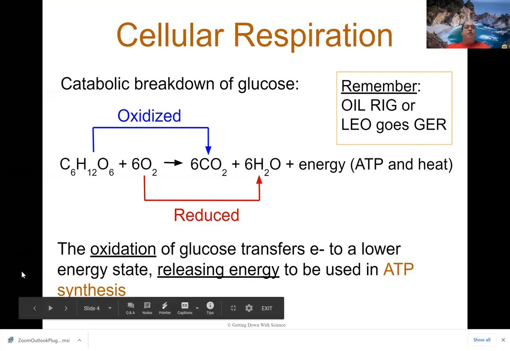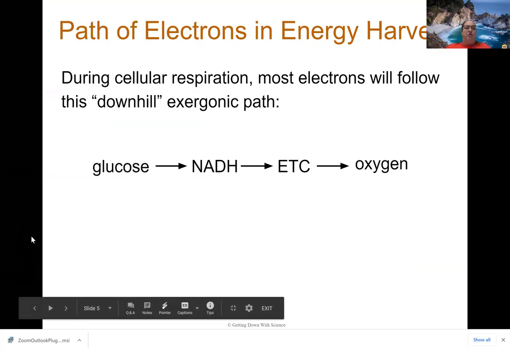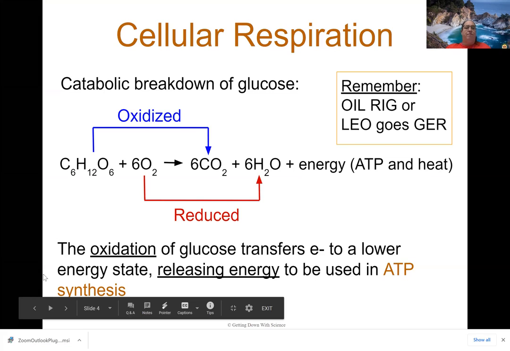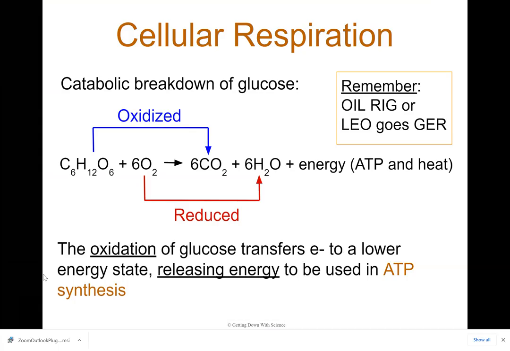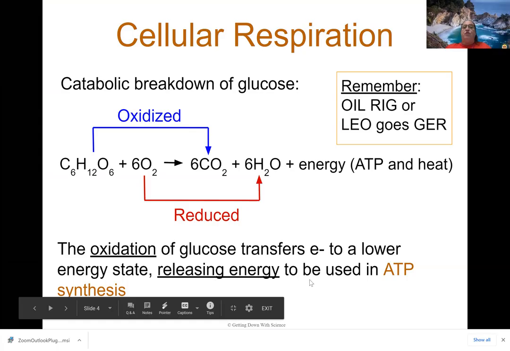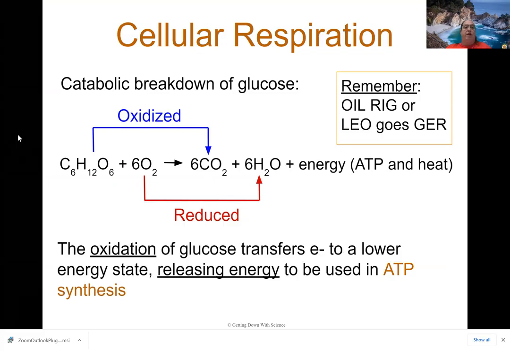Okay, so oxidation, whoops, sorry. The oxidation of the glucose transfers electrons to a lower energy state, releasing energy that can then be used by ATP synthesis to make our ATPs, right?